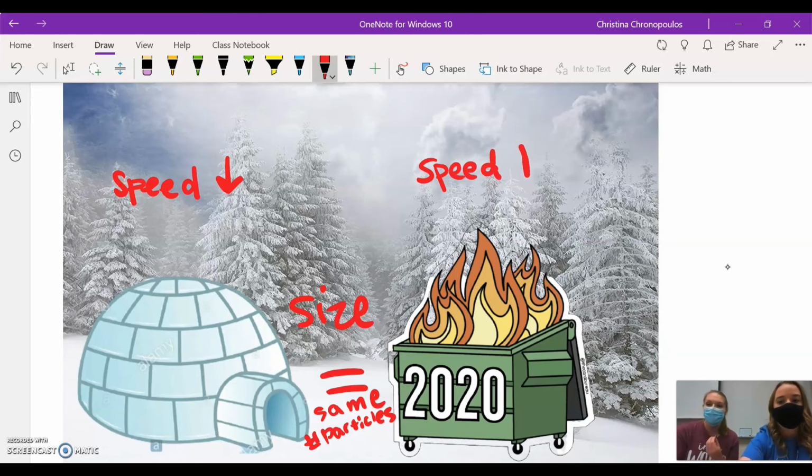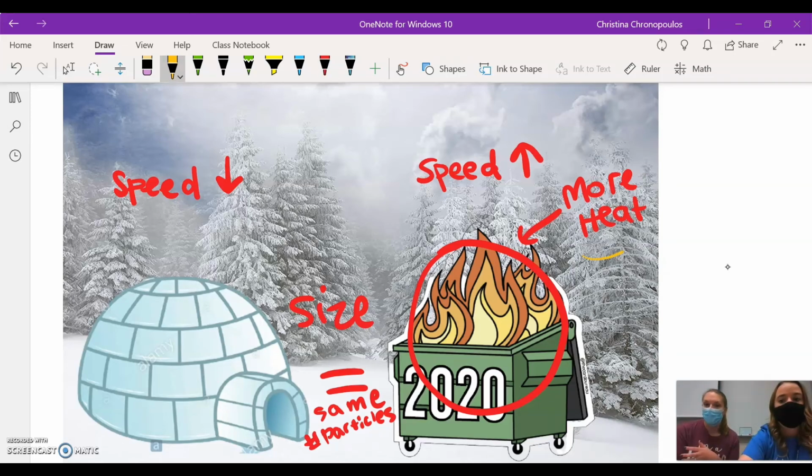So because it has the same amount of molecules and the molecules are moving faster, the dumpster fire would have more total heat than the igloo in this scenario. The size is the same, but now you're looking at the speed of the molecules as well. So because the size is the same, you now have to really focus on the heat.